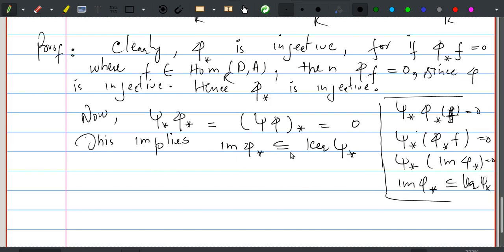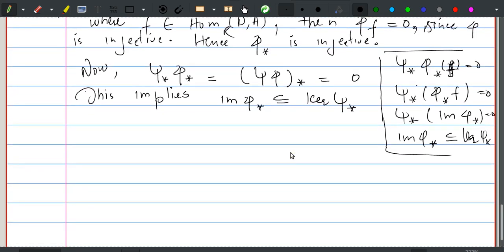Now let us prove the reverse containment. To prove reverse containment, we choose any element arbitrarily and prove that the element is in this set. Now let beta be an element in kernel of psi star.